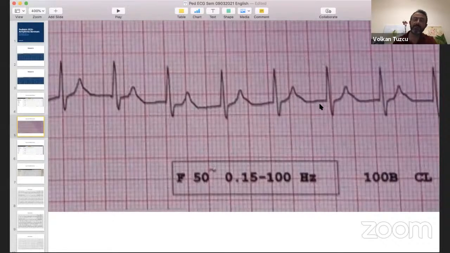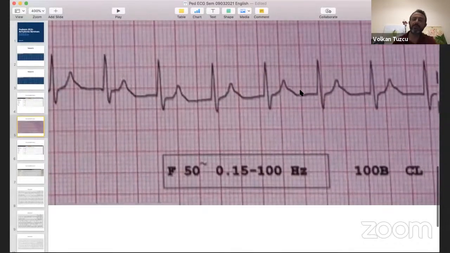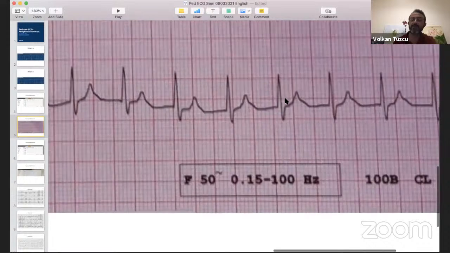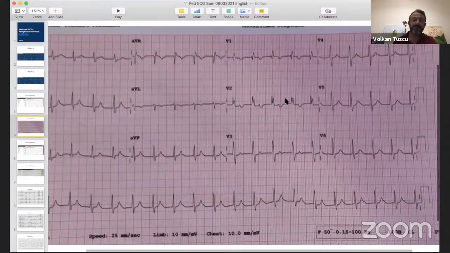So could it be first degree AV block? If this is first degree AV block, this is a normal speed paper, so we're talking about 200, what is this? 320 millisecond or almost 340 millisecond PR interval. That's extreme first degree AV block. Is this possible?